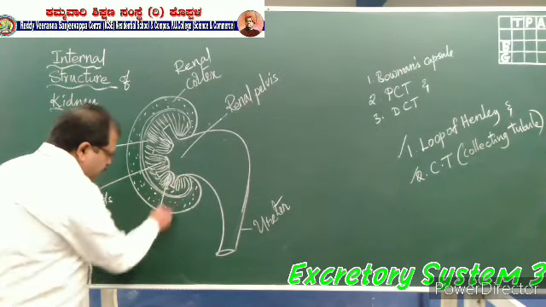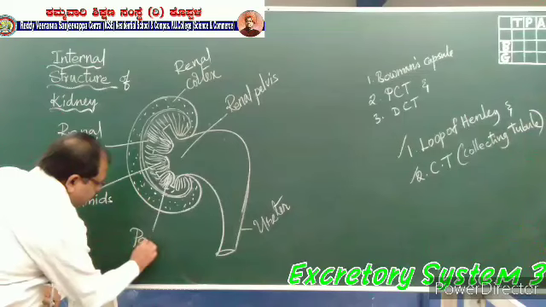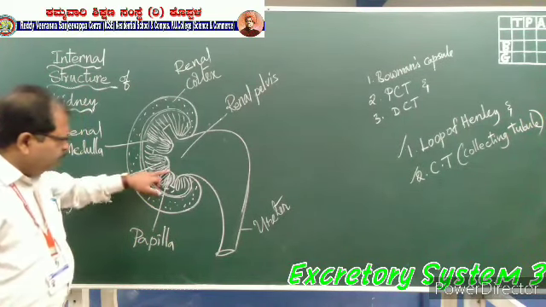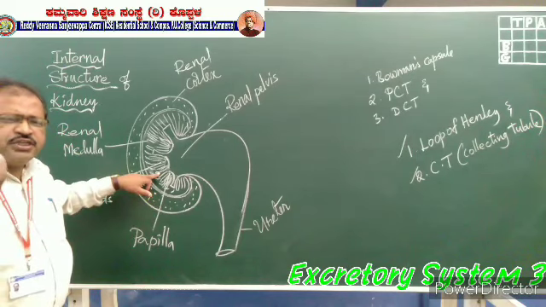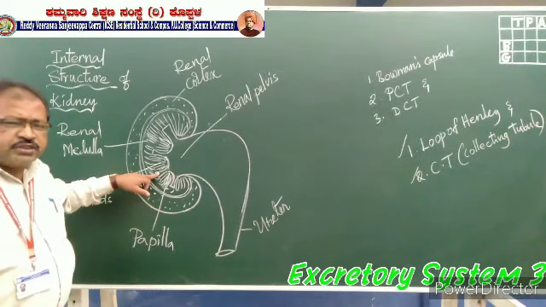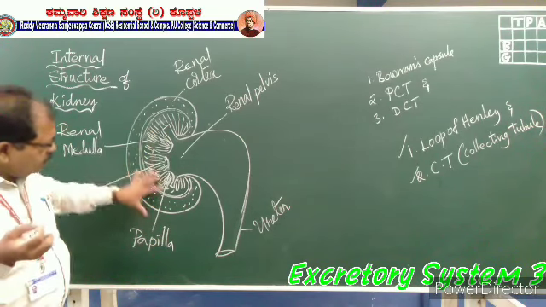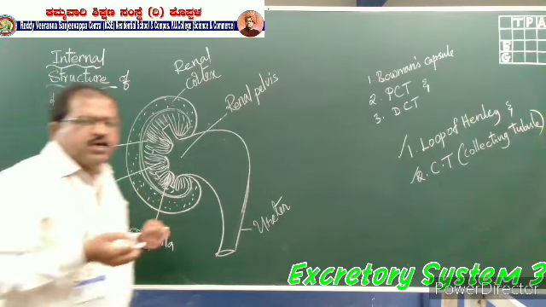This area is called the papilla. Between the papillae, there is an extension of the cortex. Okay, and this is the internal structure of the kidney completely.